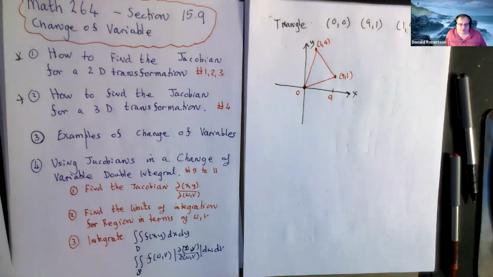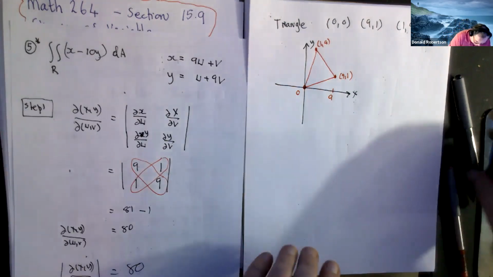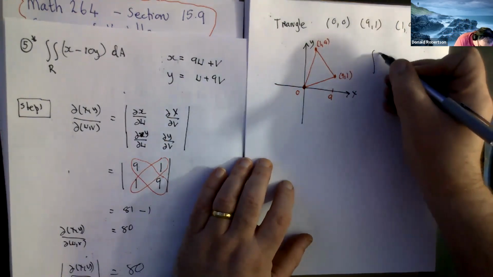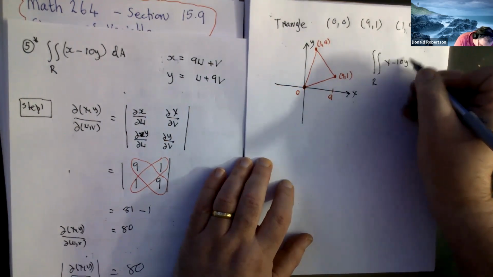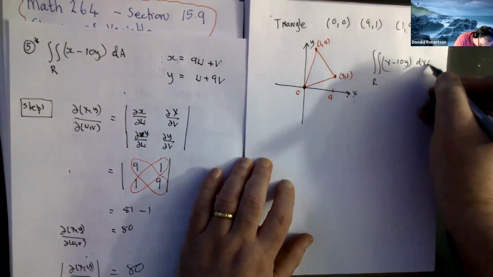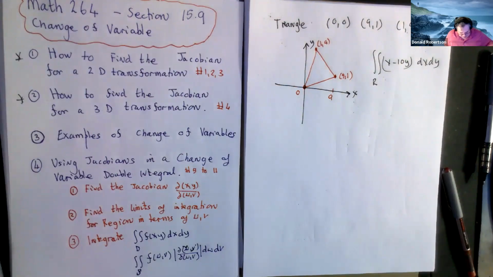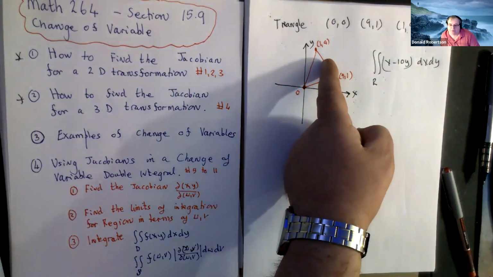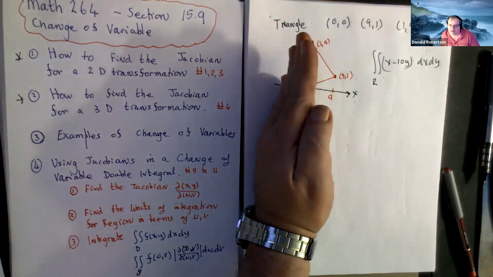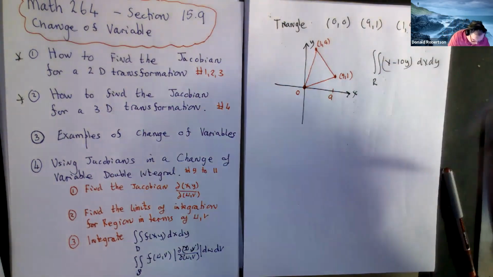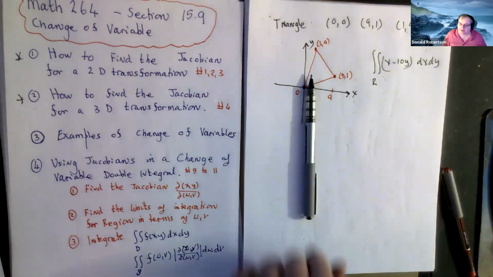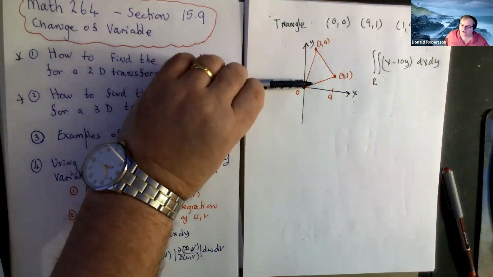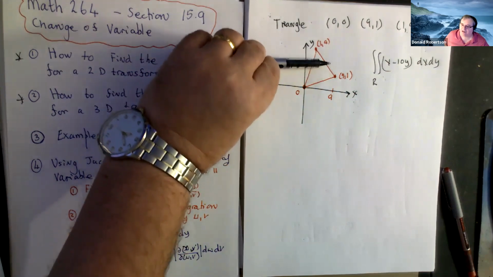Now, if you try to do that original integral over this region R, the vertical one, scanning x's, can you see the problem's going to be 2 lines up to here and then 2 other lines? That's very messy. If I try horizontal, can you see it's 2 lines up to here and then the lines change?